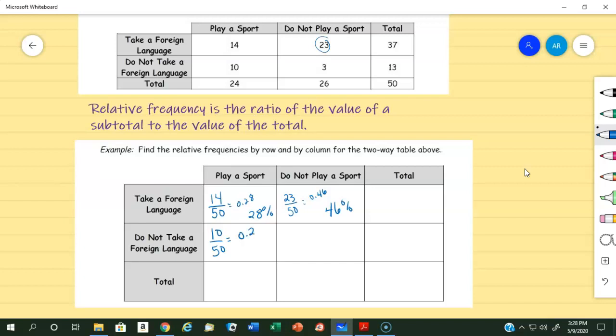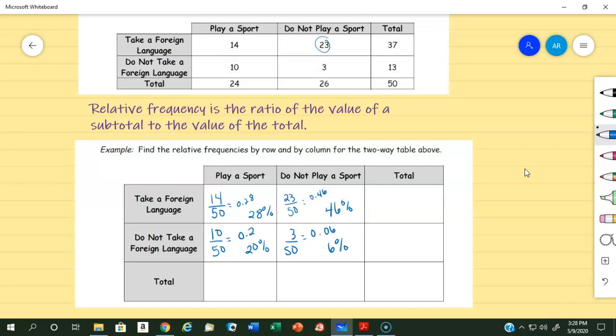When I multiply that by 100, I get 20%. And one more time for that last joint frequency, it's going to be 3 over 50. And that's going to give me 0.06. Multiply that by 100 and I get 6%.